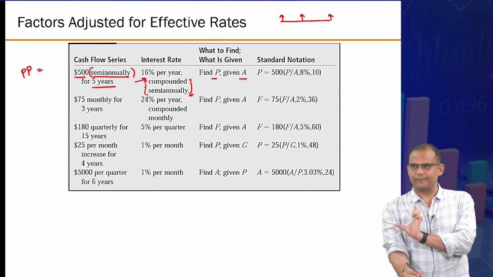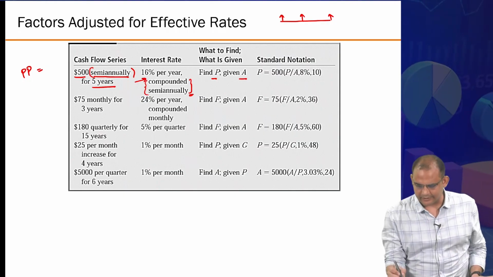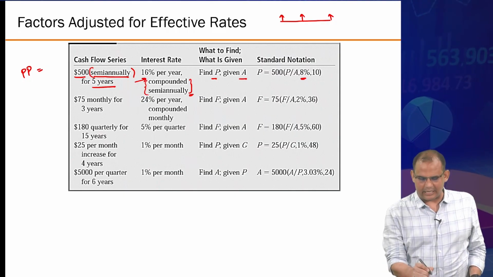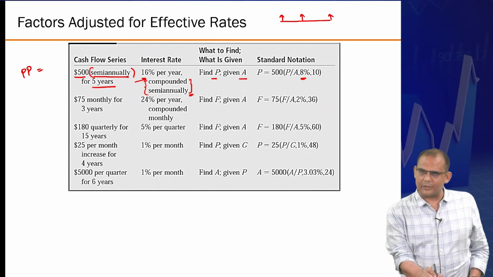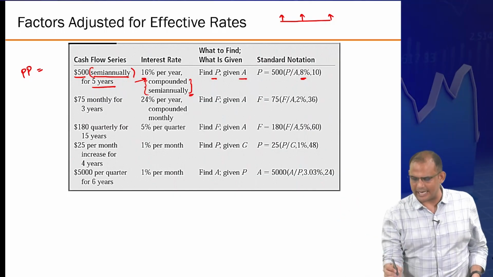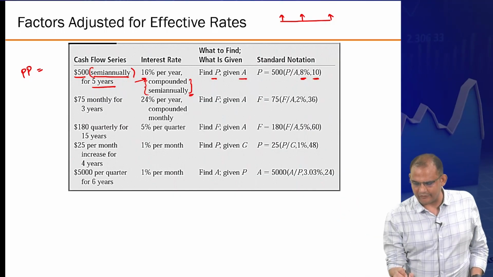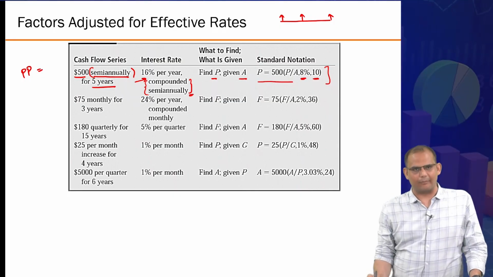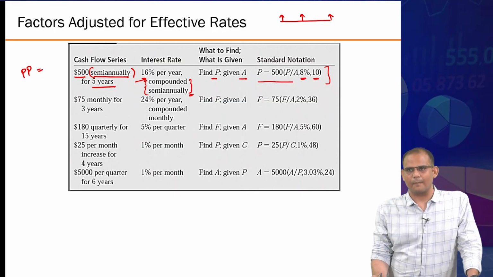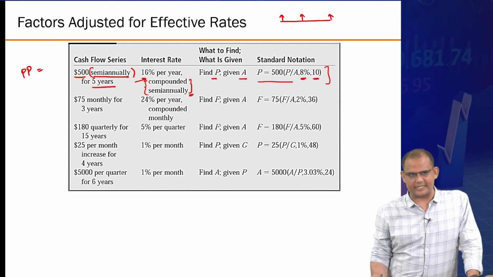What will that be? 8%. The number of semi-annual periods would be, because you are dealing with a total of 5 years of cash flows, 10. And your formula becomes this. This is the P by A formula. Making sense? Is this clear?